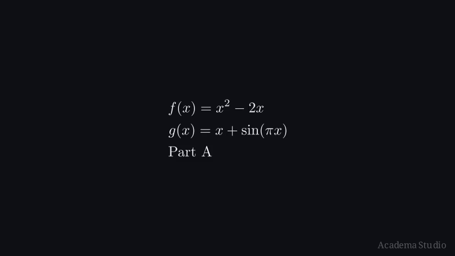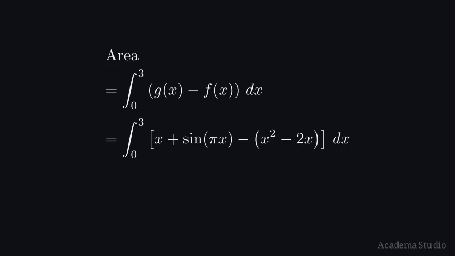Here is the full clean solution. Part A. Area equals the integral from 0 to 3 of g of x minus f of x dx. This equals the integral from 0 to 3 of x plus sin of pi x, minus x squared minus 2x, dx.